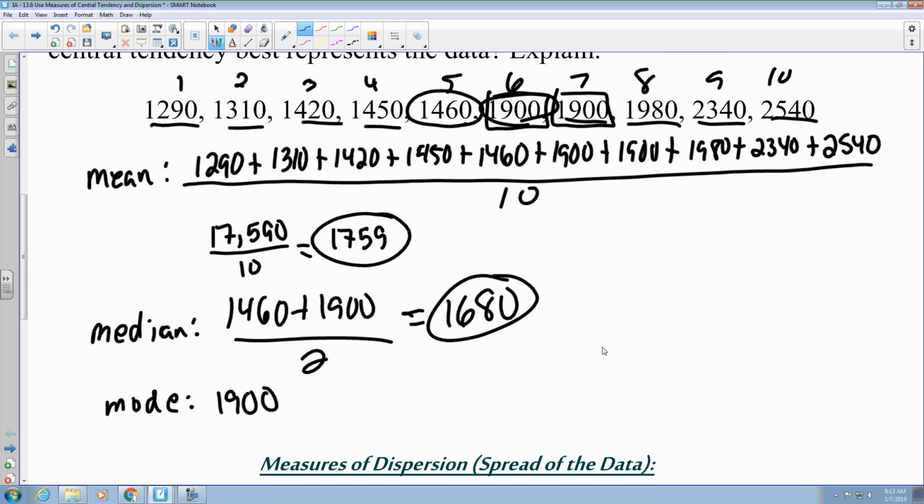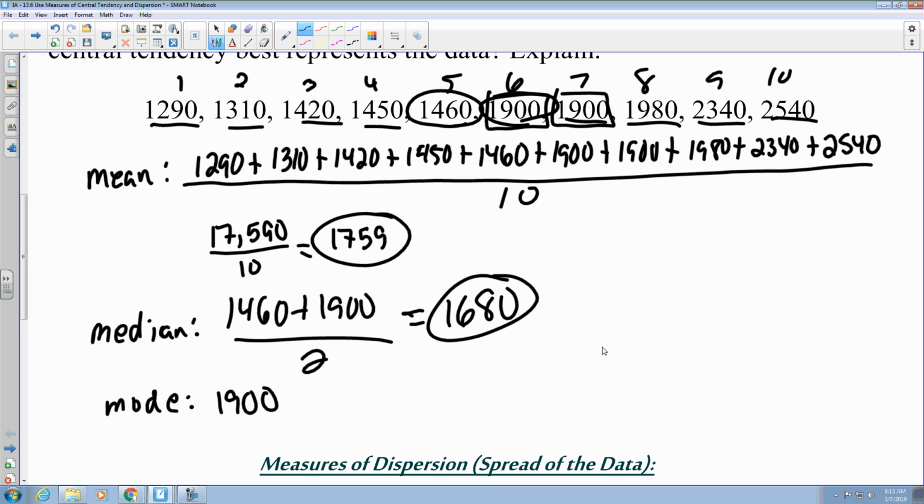A lot of times, unless you have really big outlier values for the least value and the greatest value, for the most part it's probably going to be the median.